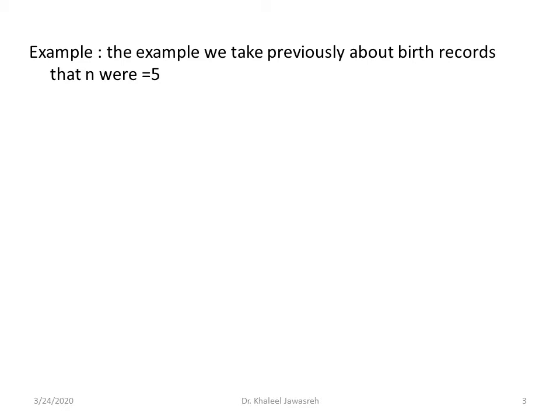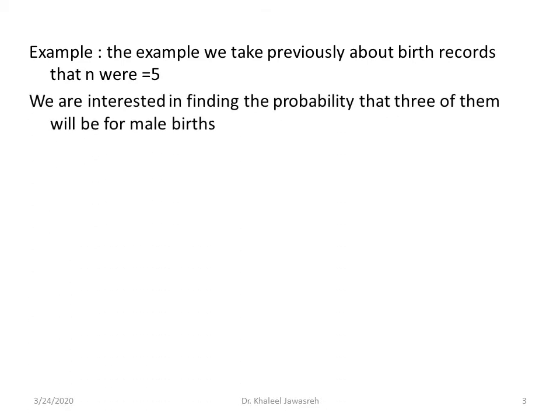We have an example here, the example we took previously about the birth record. You need to return to the previous part of this chapter that talked about Bernoulli. In that example, n was equal to 5. We are interested in finding the probability that 3 of them will be male births.